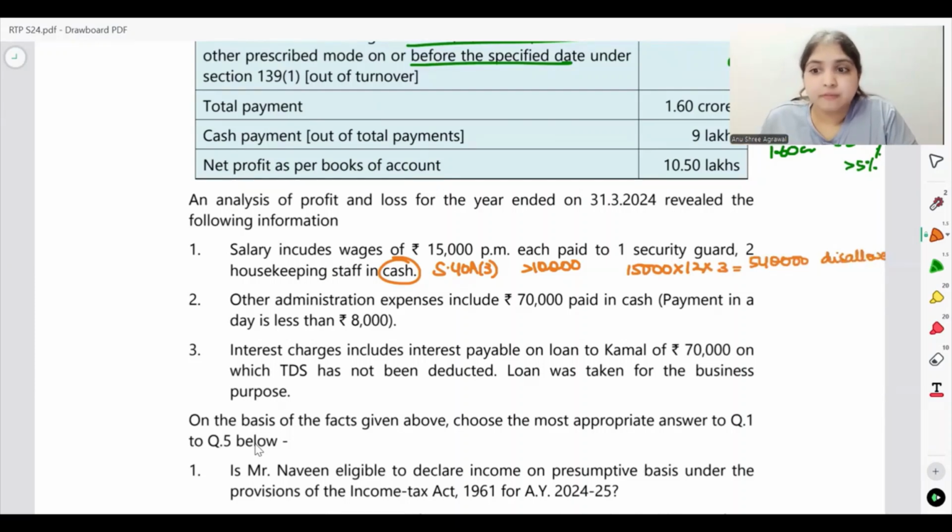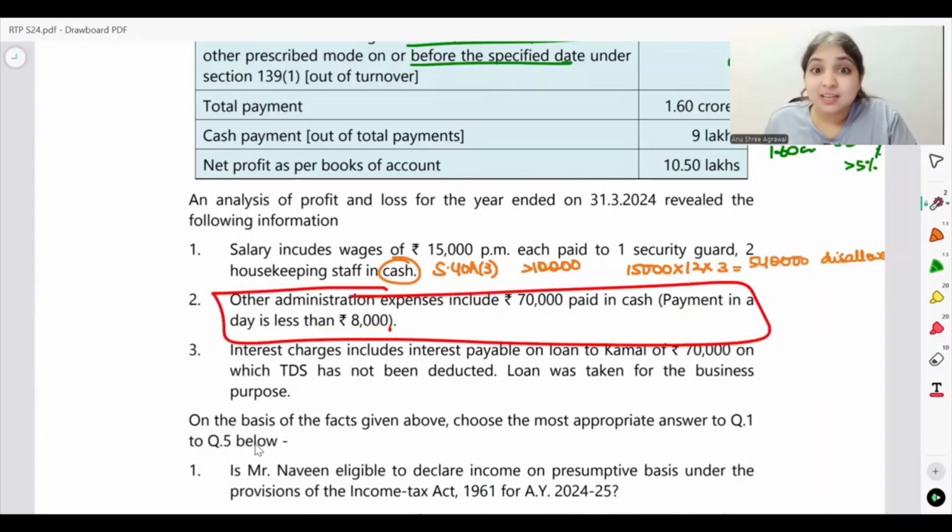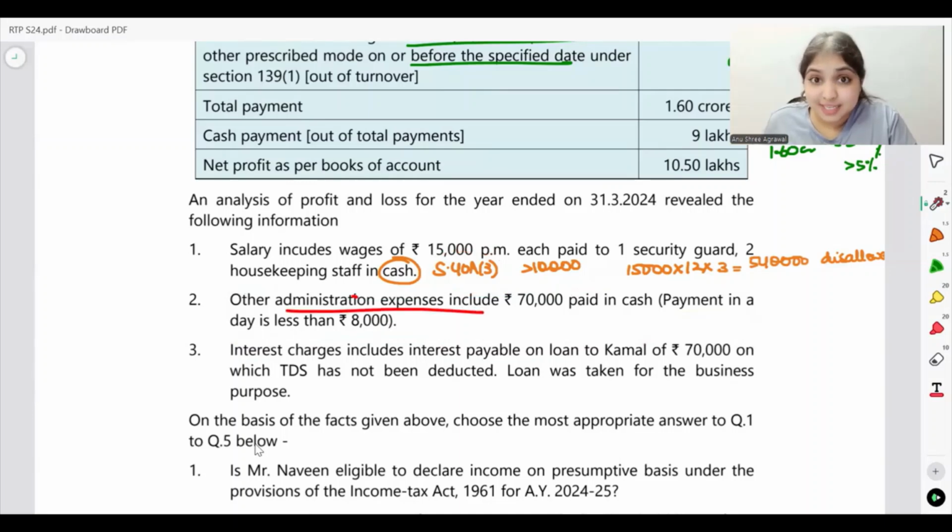Okay. Then after that, other admin expenses include 70,000 paid in cash. Payment in a day is less than 8,000. Are you noticing? They're trying to literally play with us under 40A(3), same 40A(3). So they're saying other admin expenses include 70,000 paid in cash.